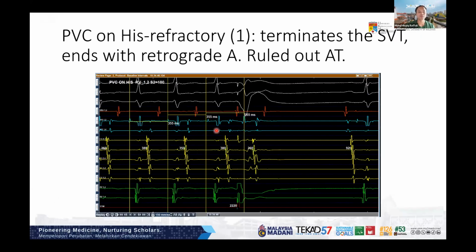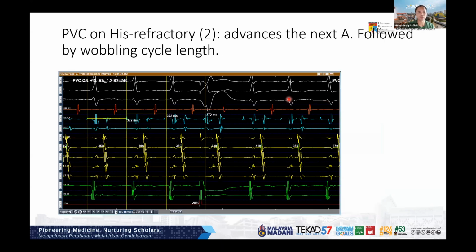So we did some PVCs on his refractory period maneuvers. The first one actually terminated the SVT, but ended with a retrograde A. So from this maneuver, we ruled out atrial tachycardia. In the second attempt, it actually advanced the next A slightly, from 350 to 330.